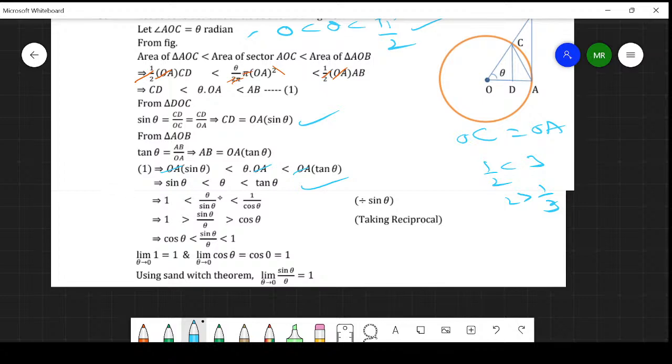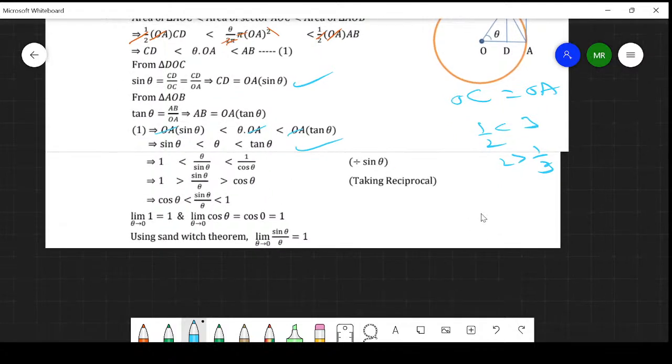Similarly, if I take the reciprocal, less than will become greater than: 1 greater than sin theta by theta greater than cos theta. Then I can do the reverse. Taking the reciprocal, the sign will change. When 2 is greater than 1 by 3, I can write 1 by 3 less than 2. Similarly, interchanging, cos theta less than sin theta by theta less than 1.